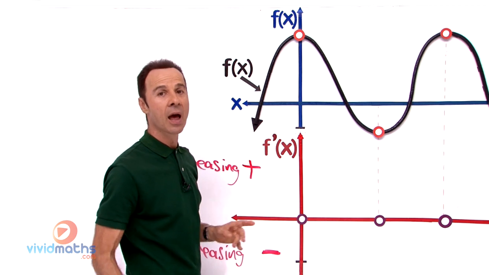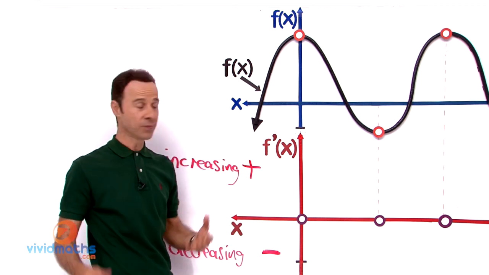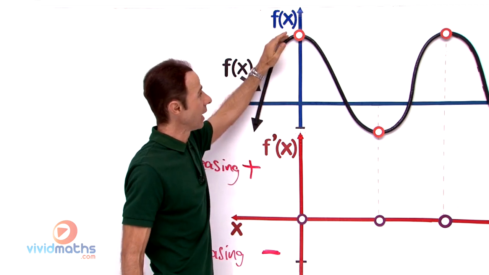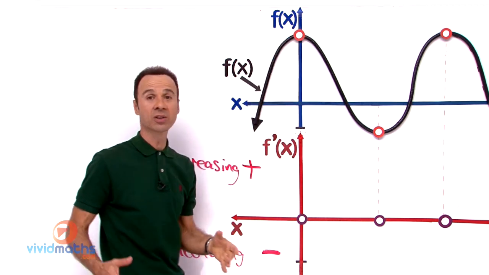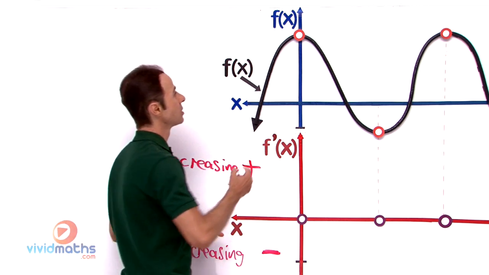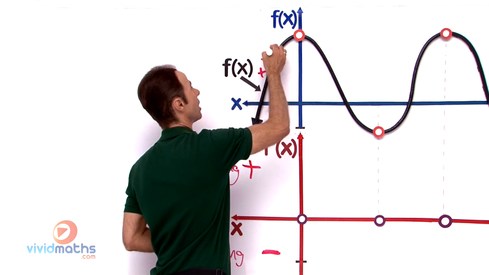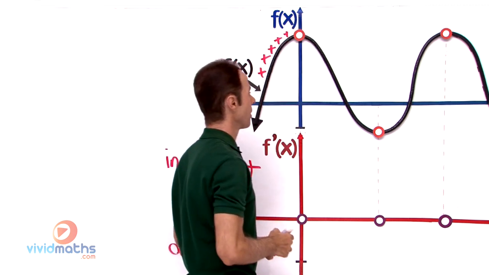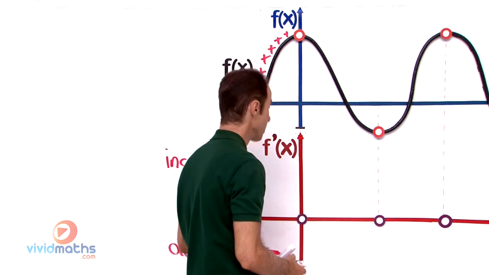Now, before we do that, to make it easy for you to understand, I like to always mark out where it's rising, like here, and where it's falling, like here. What I like to do is put pluses and minuses. So let me put the pluses along here. This would be rising all the way along here until it reaches there, which is 0. And then it would be falling along here.